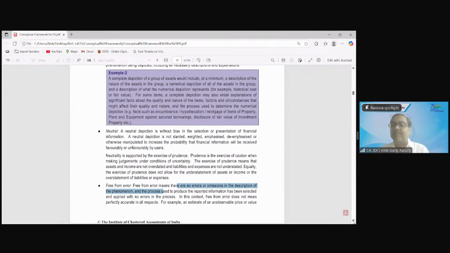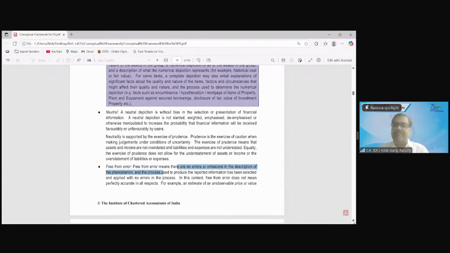For example, the useful life of the PP. When you are evaluating the useful life of the PP, a proper estimate has to be made, right? When you are calculating provision for gratuity, while computing the attrition rate and the salary increment rate, you have to take a proper assumption so that your output will be proper, right?